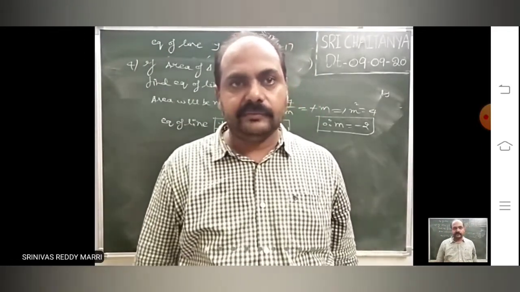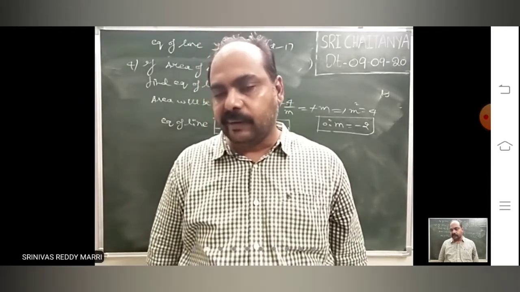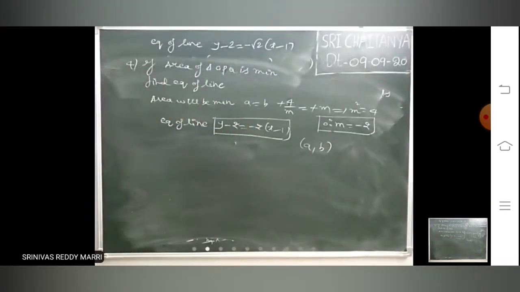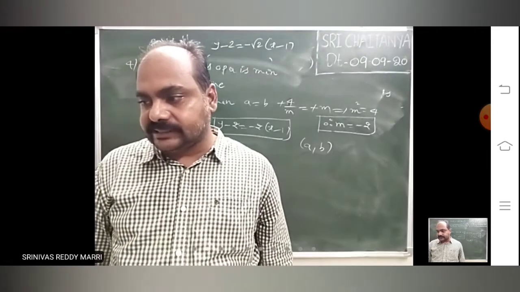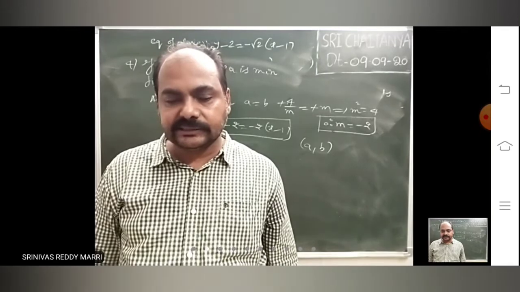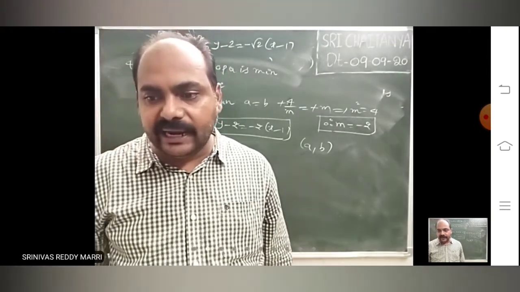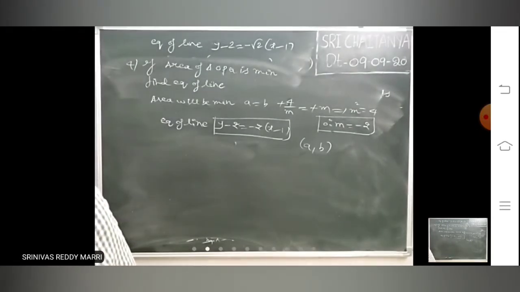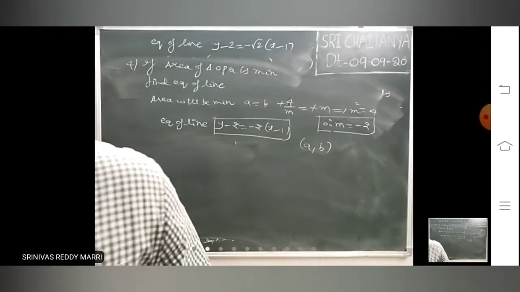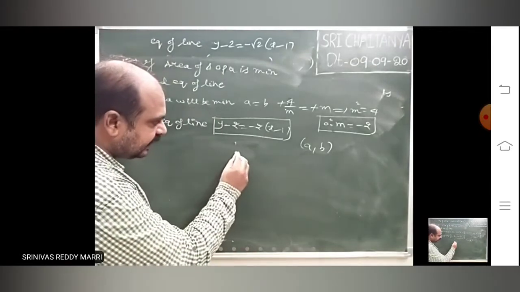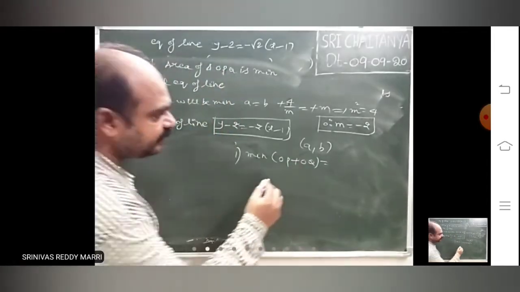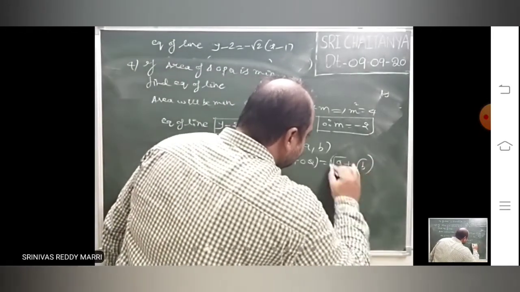A line passes through fixed point A comma B, intersects coordinate axis at P and Q. Under that, first point, minimum of OP plus OQ is nothing but, formula is root A plus root B whole square.